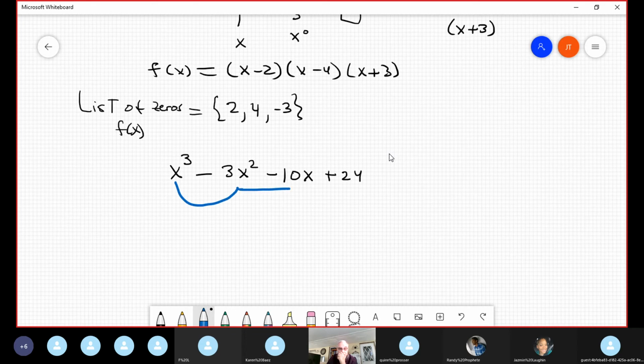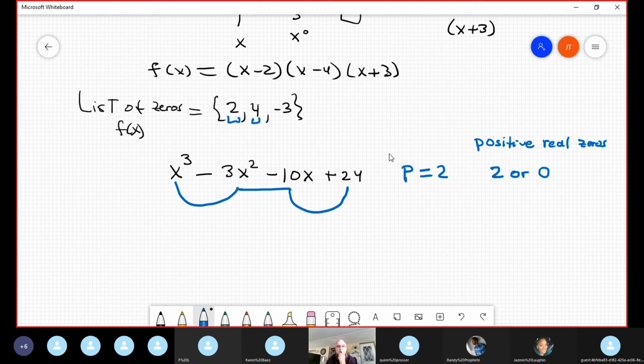No. This is negative, 2. P is 2, remember you subtract an even number. So we have 2 or 0, because 2 minus 2 is 0. Positive real zeros. Okay, actually it is this and this. 2 and 4.